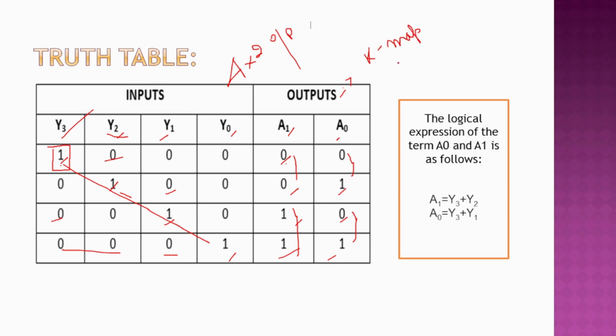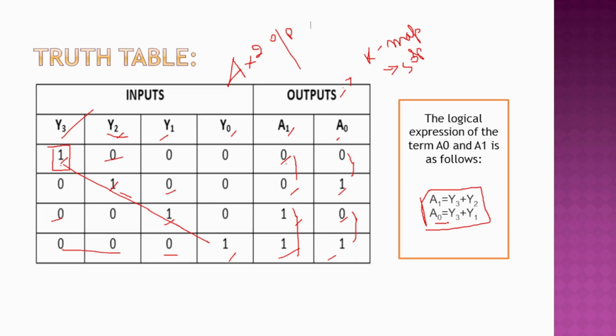After grouping in the K-map in the form of the sum of products method, you will derive these output equations: A1 equals y3 plus y2 and A0 equals y3 plus y1.